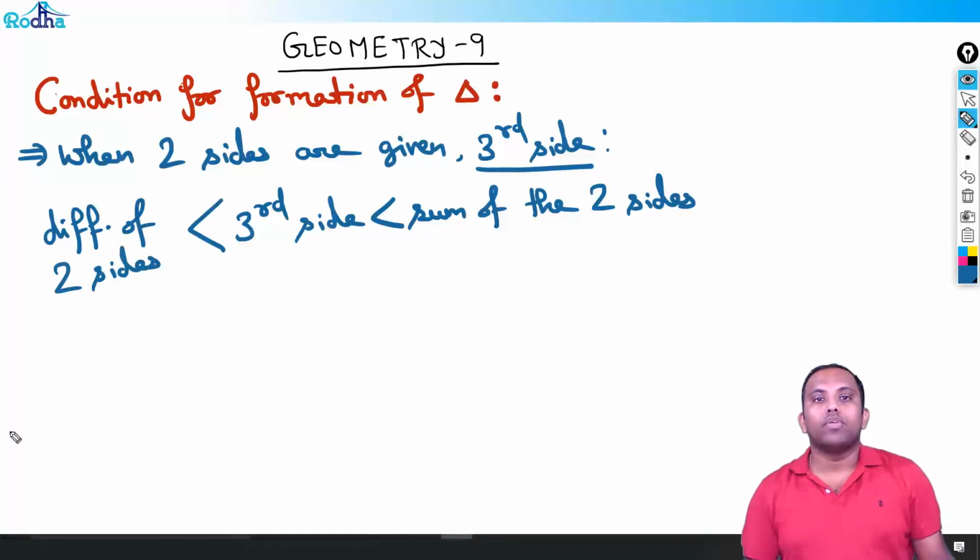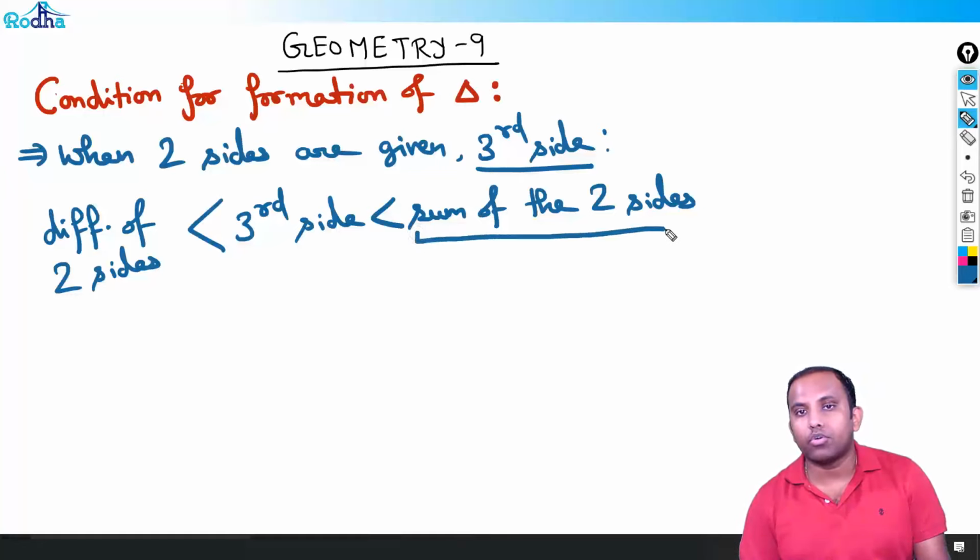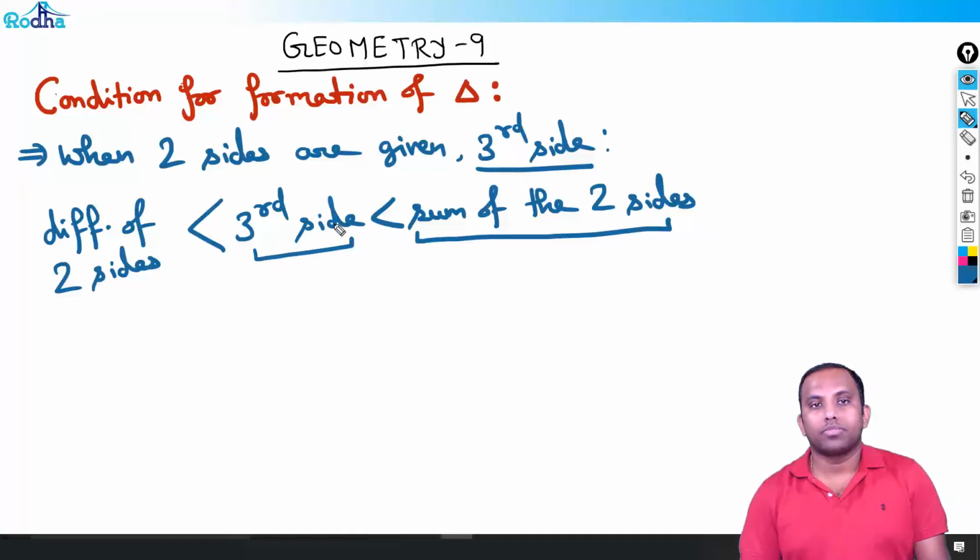So when two sides are given, the third side should always be less than the sum of the two sides and greater than the difference of the two sides. We have always known this from childhood: the sum of two sides is greater than the third side. So this is the condition.